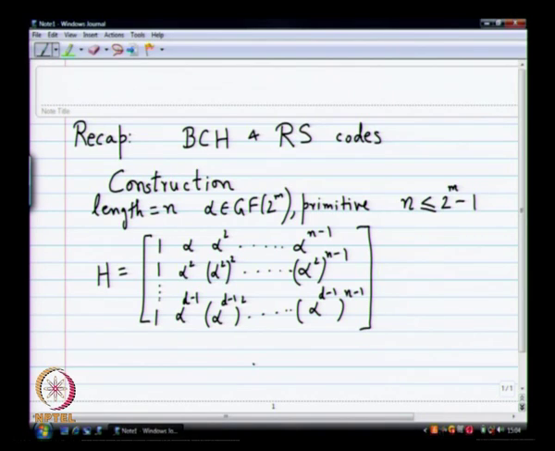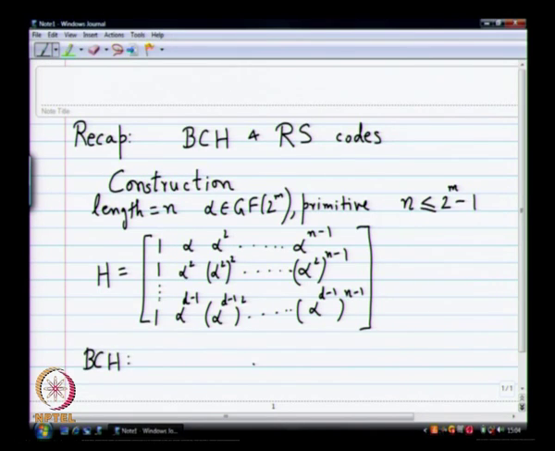This is a parity check matrix. All the binary vectors which satisfy H C transpose equals 0 will give you the BCH code. All the vectors over GF(2^m) which satisfy the same equation will give you the Reed-Solomon code. Okay. So, that is the idea.